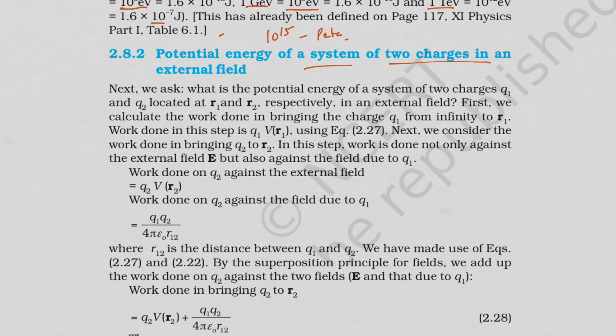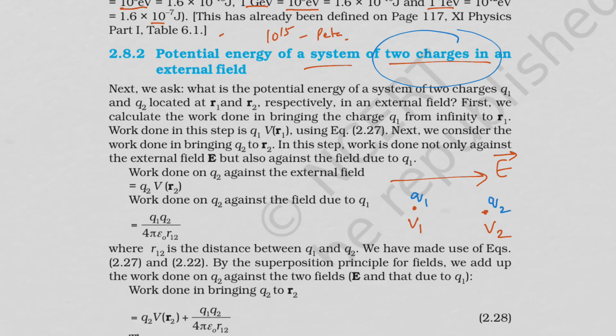Now it is quite easy to understand, like we already talked about, there is external field E, and in that field at particular 2 points, let's say at point 1 the potential is V1, at point 2 the potential is V2, and now we're talking about 2 charges. So we bring 2 charges from infinity, one at this point, another at the other point.